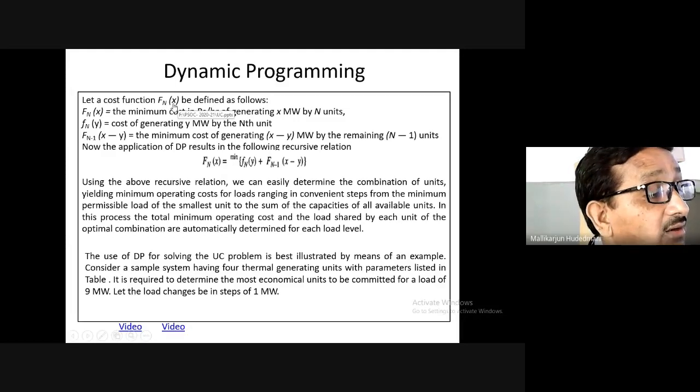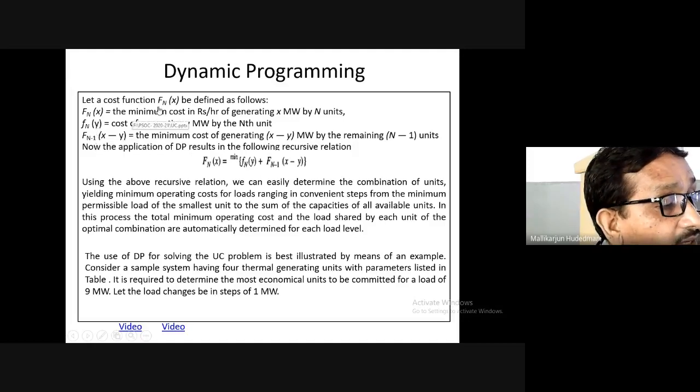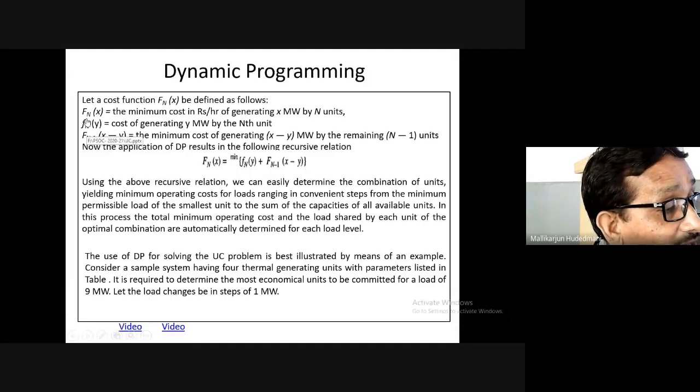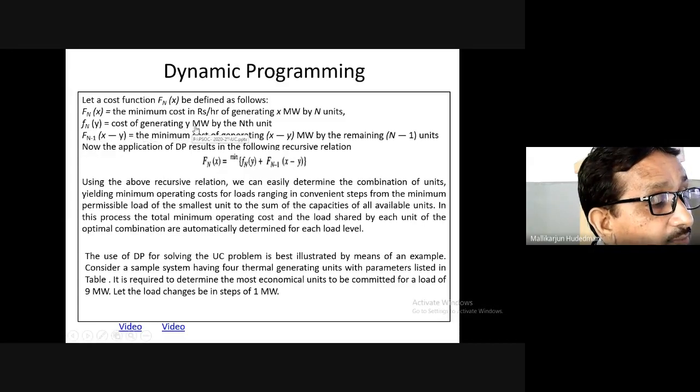X may be 100 megawatt demand. What I will do is obtain certain Y megawatt, say 50 megawatt. 100 is my demand; 50 megawatt I want to obtain from machine number 10, like lowercase fn(y). To obtain 50 megawatt from my nth machine, the 10th generator, what is the cost of that production?